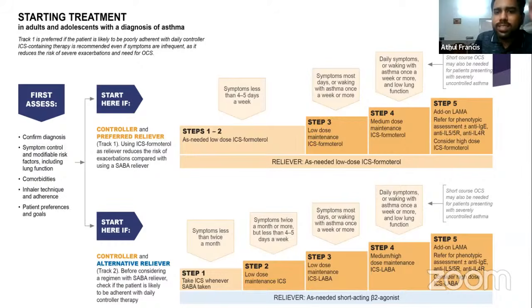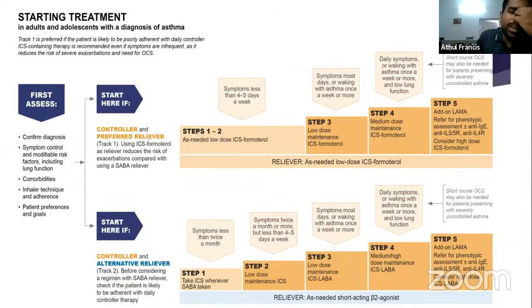So always, as we see, it's a step up and step down. There's no single treatment for asthma. Depending on the patient's symptom control and depending on the exacerbations, you either increase or decrease the treatment. So it is always a step-by-step process, and there is always a step down. This is one of the main differences with COPD. In COPD, there is no step down as such.